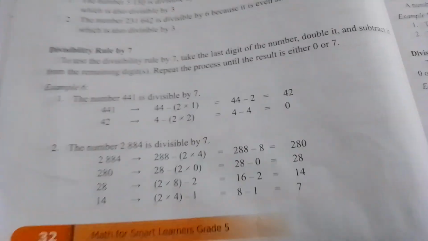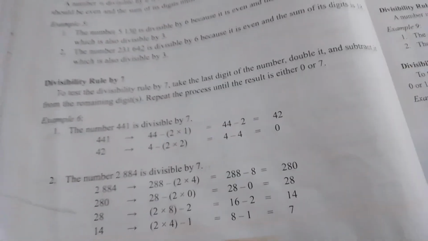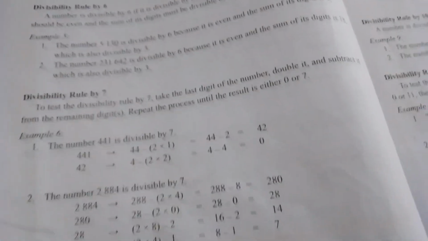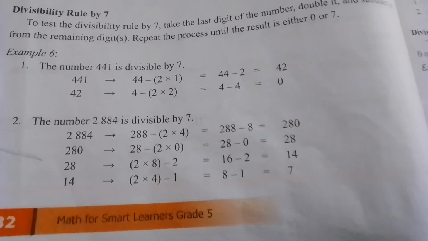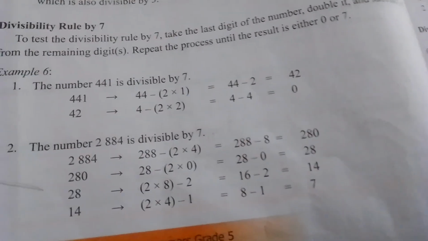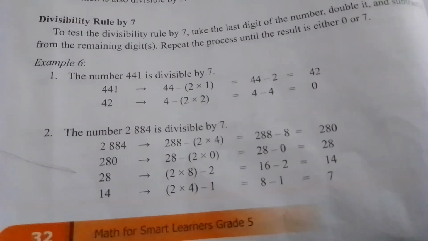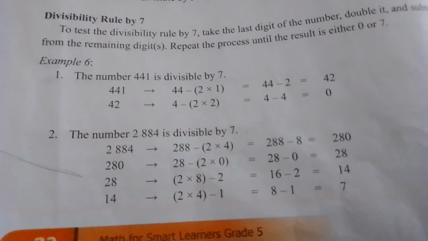The number 2,884 is divisible by 7. Start with 288 minus 2 times 4, that will be 8, so 280.